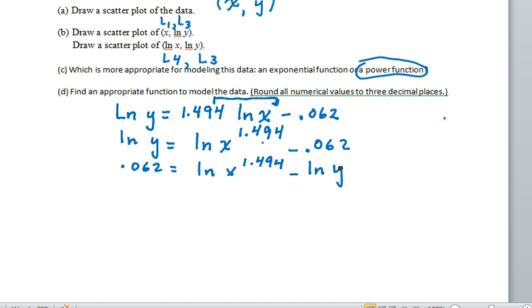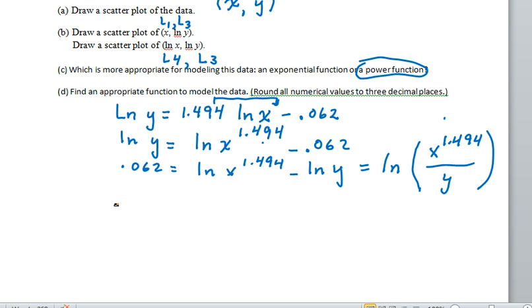Now we'll use the fact that the difference of two logs is the log of their quotient, and so we'll just write this as equivalent to the natural log of x to the power 1.494 over y. And now we're going to raise both sides of the equation to powers of e, and so we're going to exponentiate both sides.